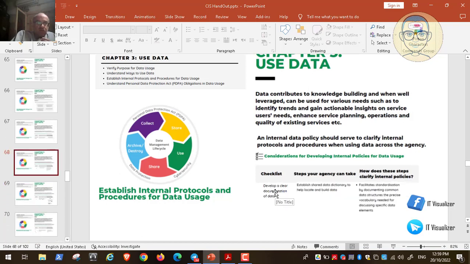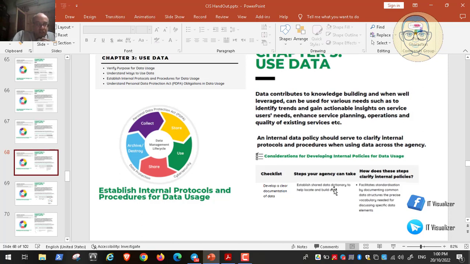One of the things also, when you are making an internal data usage policy, we have said to develop a clear documentation of data, and then you should make something like a data dictionary. Something to put the terms of data. So for example, what is financial data? This should be put in a data dictionary so that the financial team knows how to identify financial data.